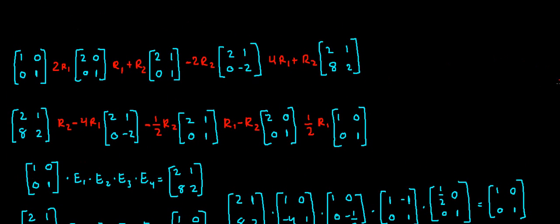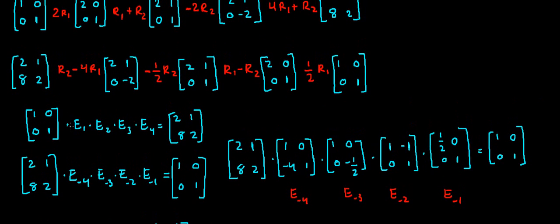So again, someone can think of matrix A as a series of elementary matrices to get from the identity matrix to A. So by the same reasoning, you can take these elementary matrices, do the opposite operations, and reverse the order.